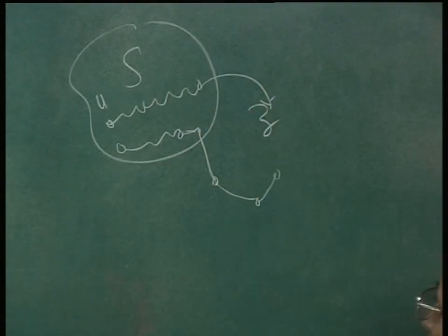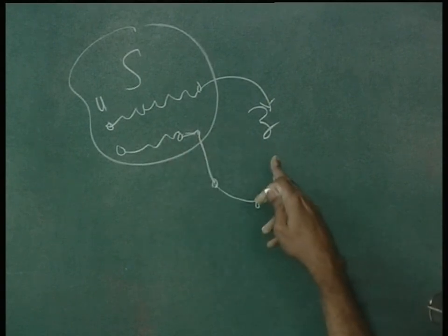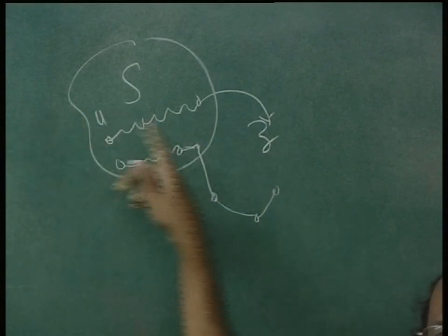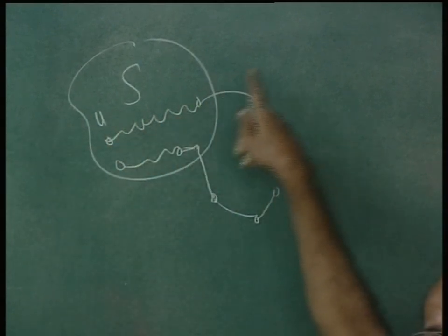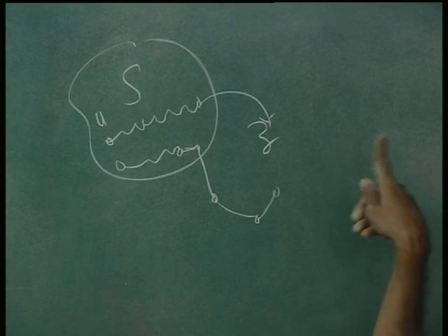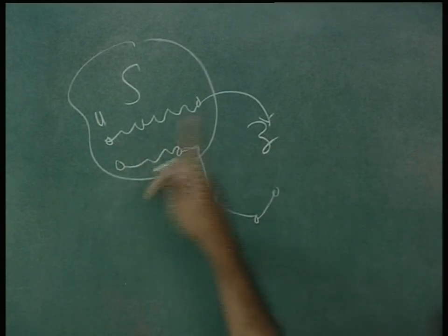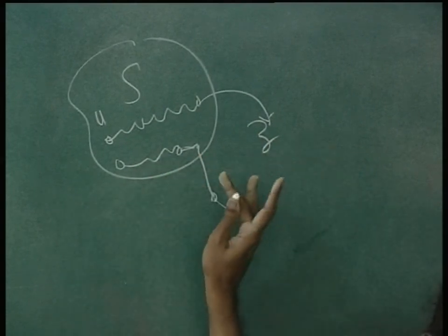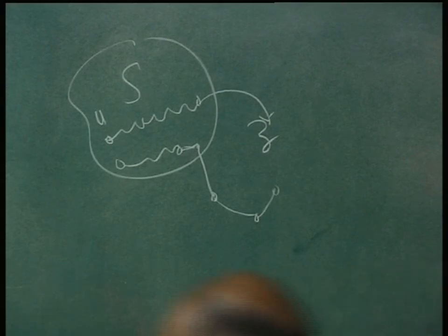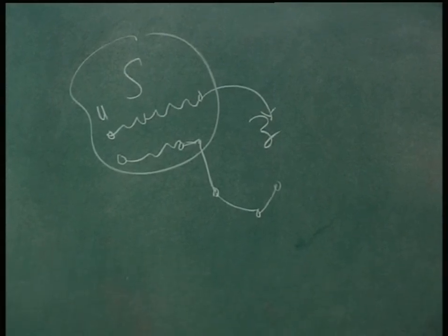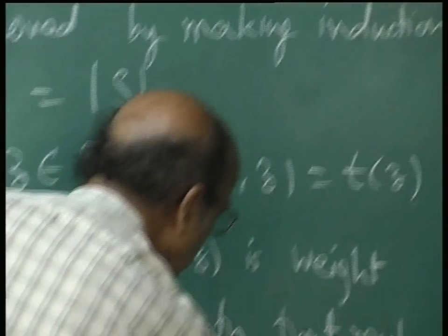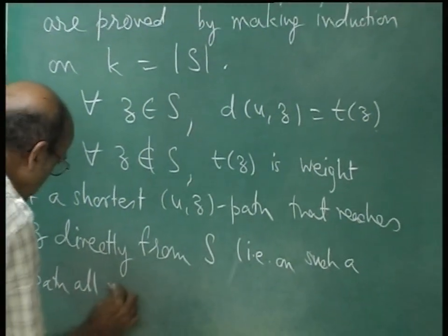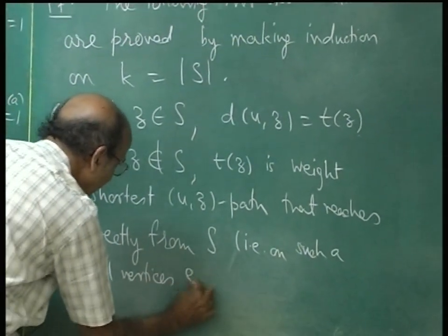Reaching directly means on that path all the vertices except Z will be in S. The first vertex, second vertex, third vertex, except the very last vertex which is Z itself, are all in S. Only Z is not in S.